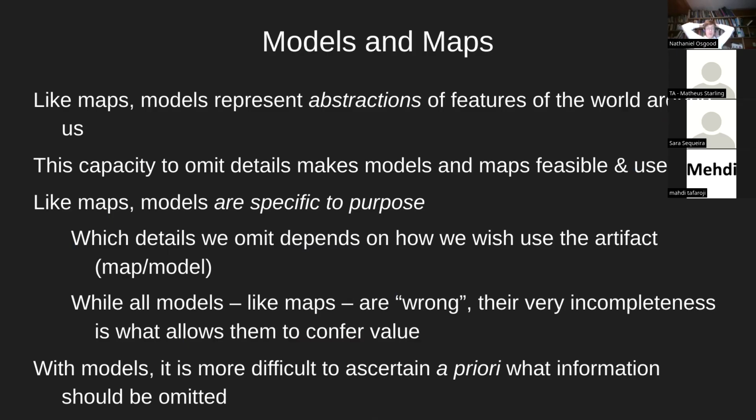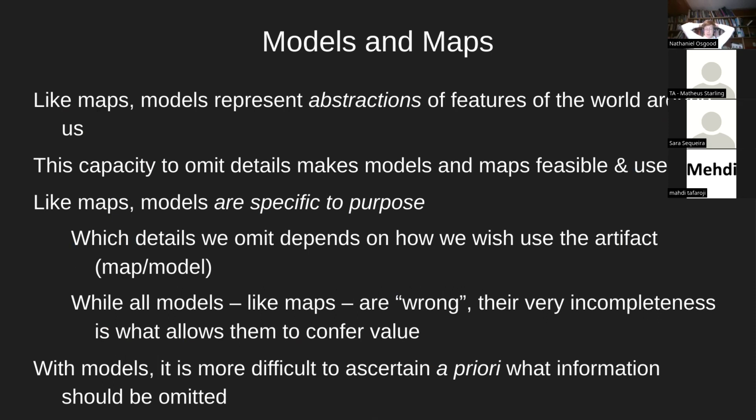Maps, like models, represent abstractions of features about the world. When you use Apple Maps or Google Maps, you don't expect it to show the current status of every streetlight, or indeed the location of every streetlight in the city, the width of the sidewalks, or whether there even is a sidewalk.